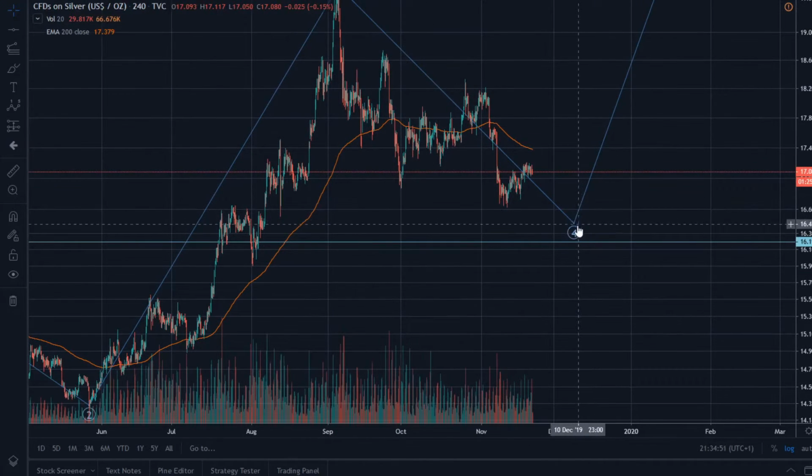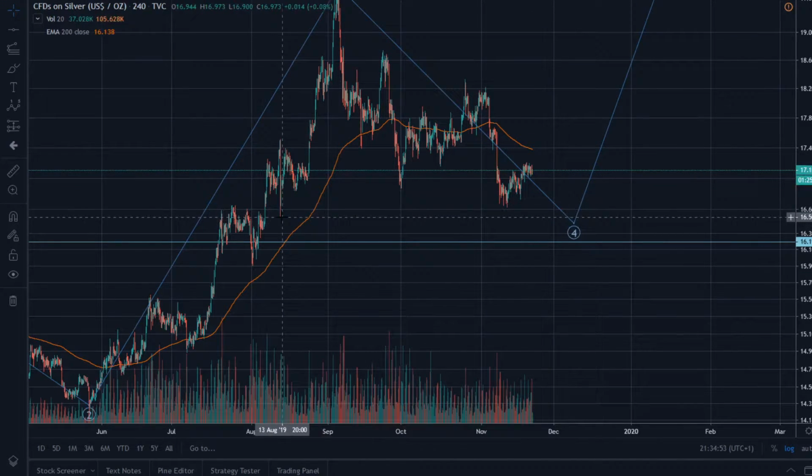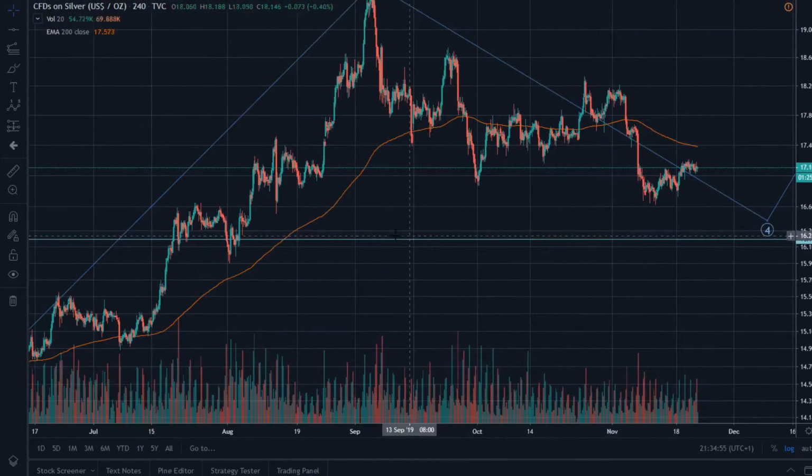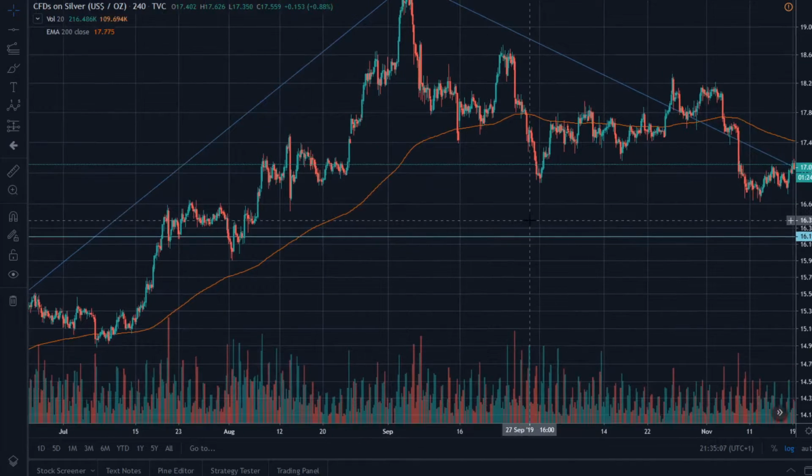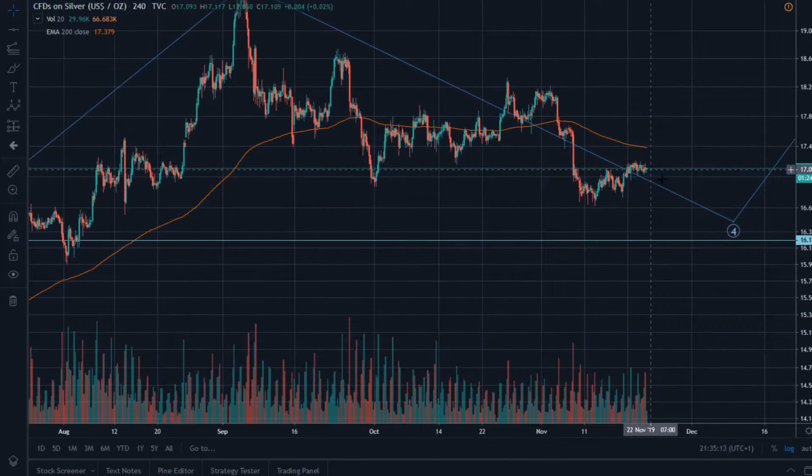The following wave 4 does not necessarily have to go towards this, but as you can see, there was quite a lot of selling interest, and silver has been bought up at this 1652 price range. So maybe this downward movement will stop at 1650, 1652 or something, and we will have another move up from there. Maybe we get a little overshoot to 1640, 1630, and then go up.